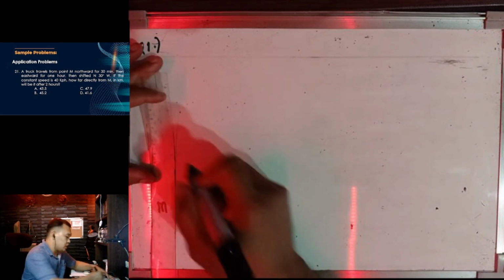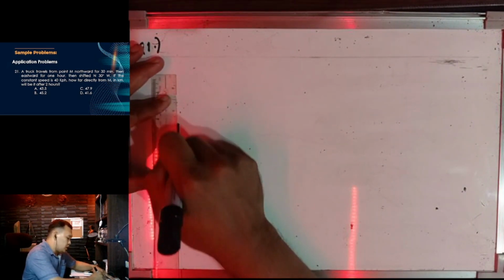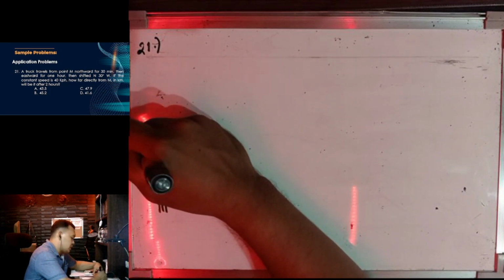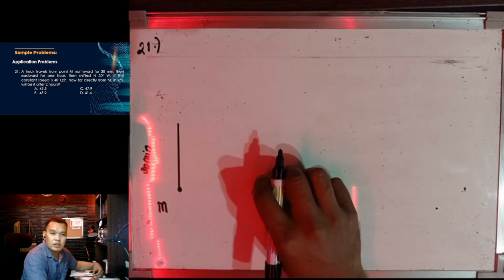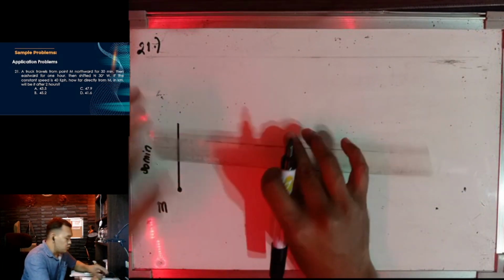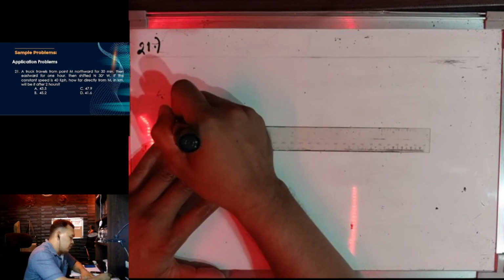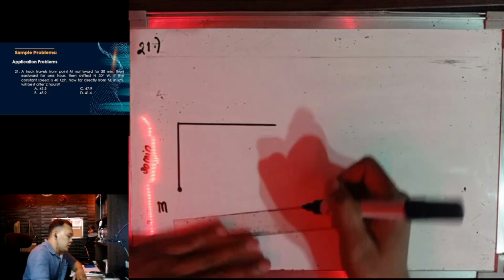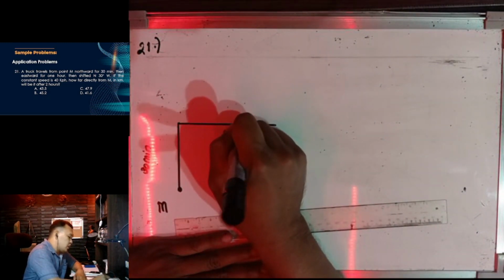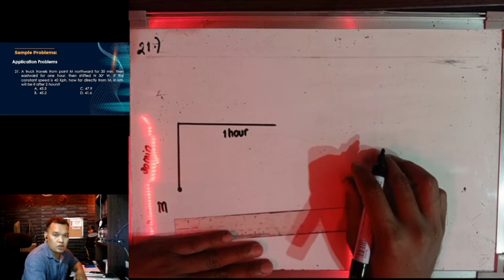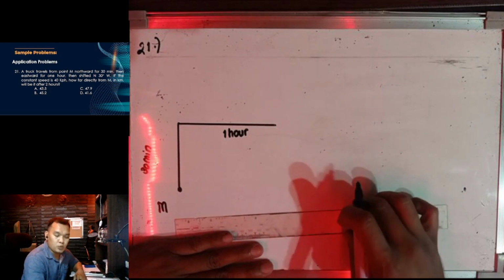So, nag-travel daw siya dito northward within 30 minutes. Then, nag-travel siya eastward, so, ng 1 hour. So, dito ay nag-travel ng eastward within 1 hour naman siya. Then, nag-shift ulit siya ng north 30 degrees west.